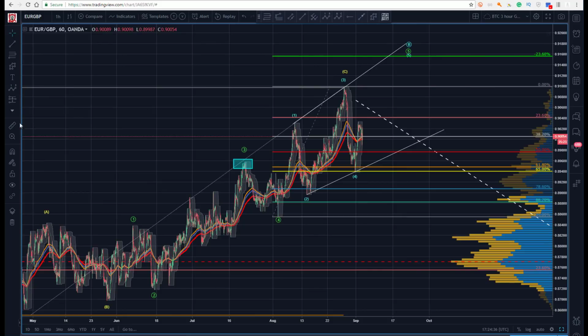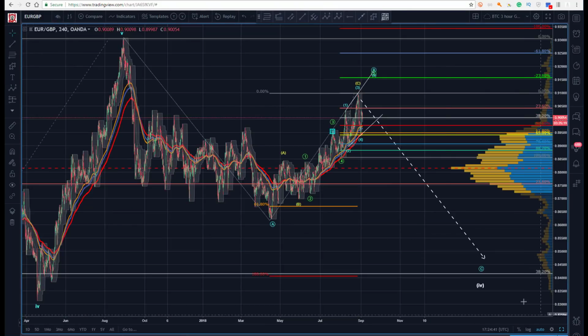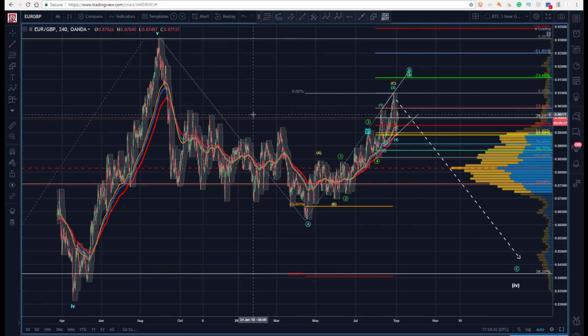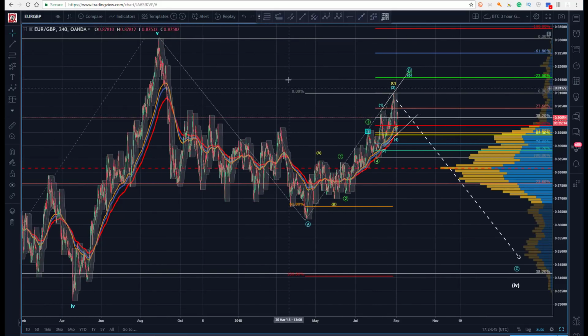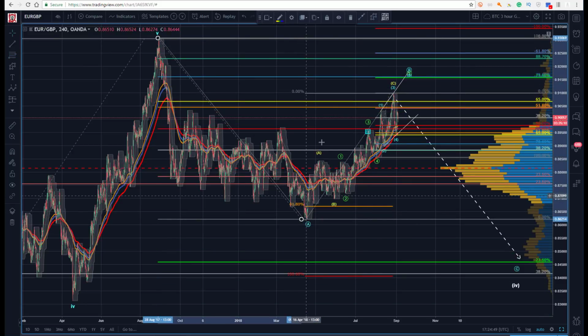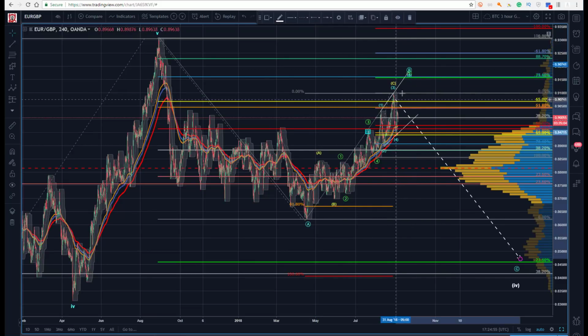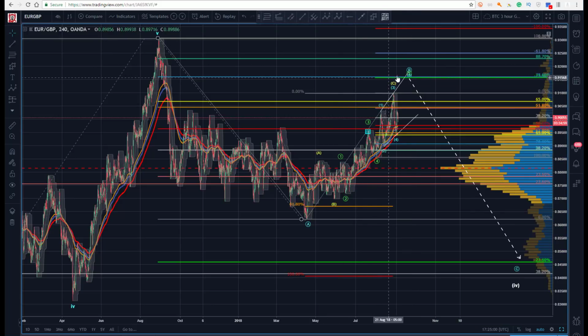Now let's pull back out and see what that would do for us. So if I go back to a 4-hour, how does that affect potentially the play here into this as a B wave? Well, we'd still be pulling from swing high down to this low. Here's our target here at the 786. So if I had to choose my druthers, I'd look for the short here. But again, I'm not one for trying to pick the turn.